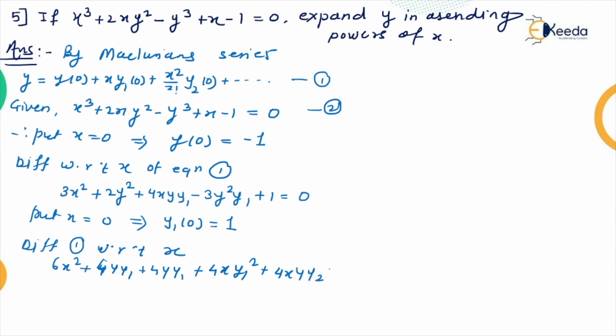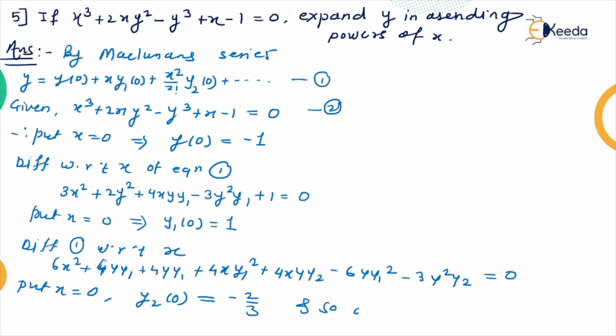You have to use the product rule here, and minus 6y y1 squared, minus 3y squared y2, and that is equal to 0. This is the double differentiation of equation 1. Putting x equal to 0, y2 of 0, the second derivative, comes out as minus 2 divided by 3, and so on. I am writing 'and so on' because we have to perform this operation repeatedly.